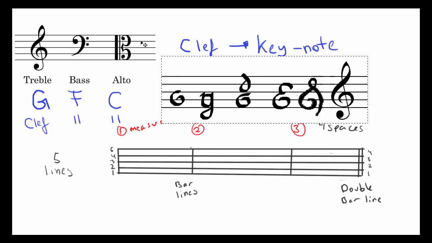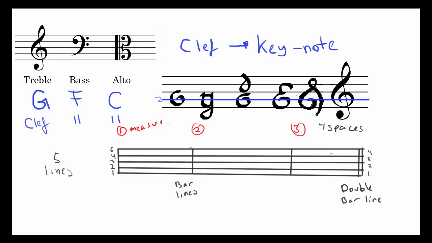And the importance of a clef is that it serves as a reference point. In this case, the reference point is the second line. Why don't we highlight the second line here? As you can see, the treble clef is showcasing the second line.